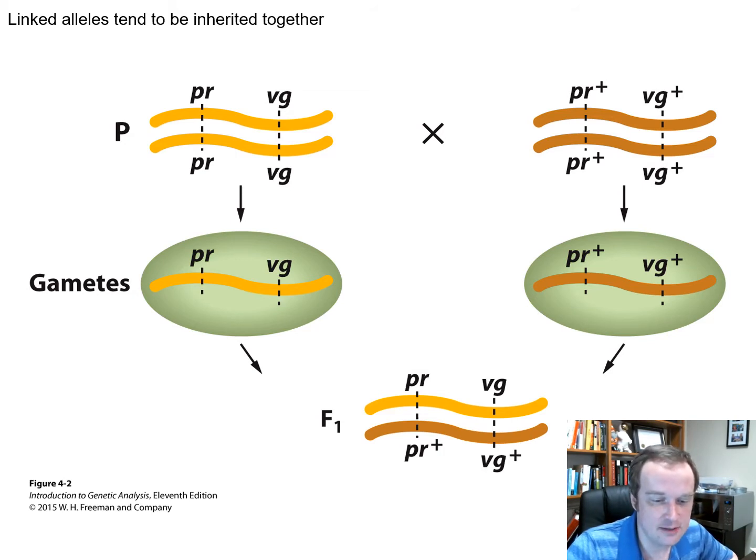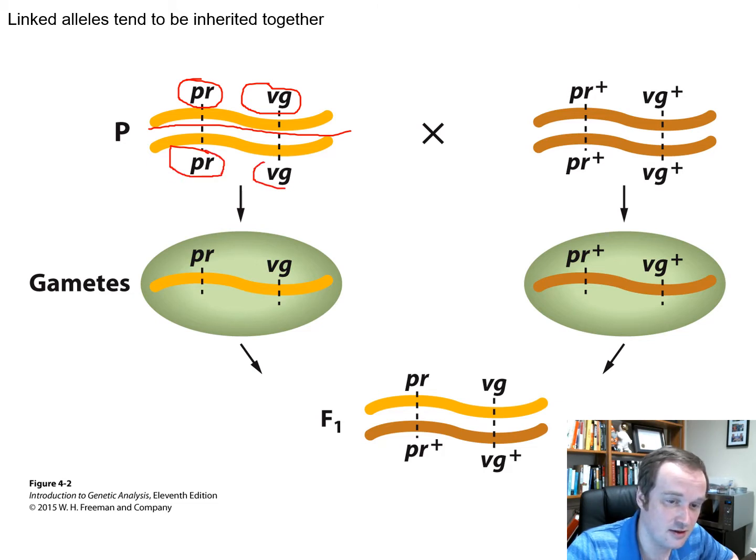So in this example, we have this one chromosome, and the PR gene and the VG gene are both physically on the same chromosome. And then on the other chromosome, they are also physically linked.